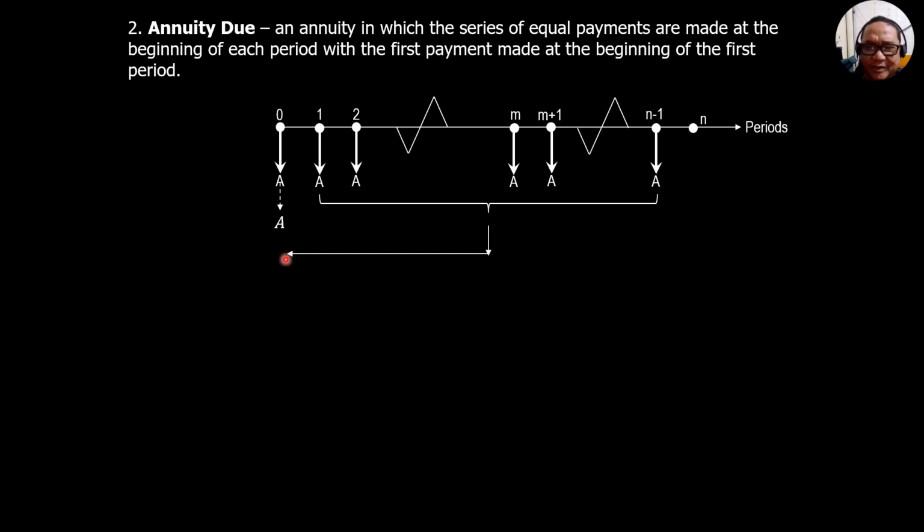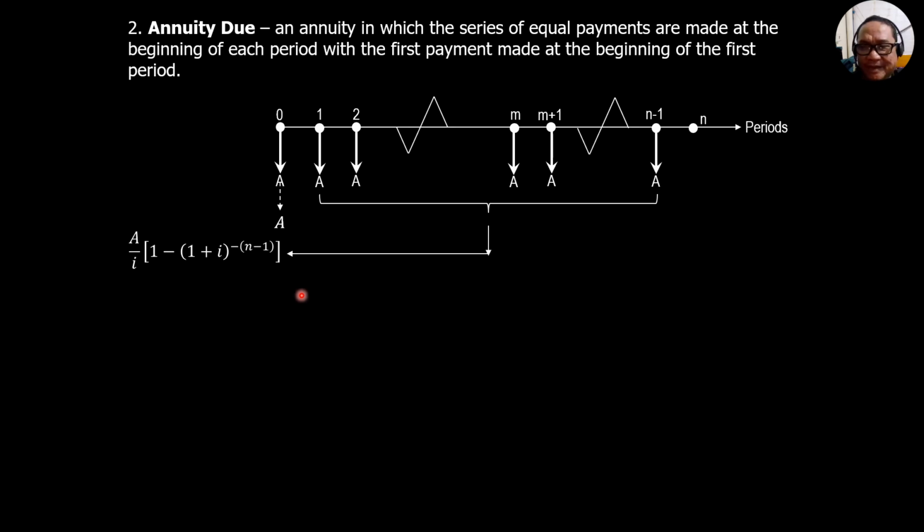So the present value, we apply the formula A over i, quantity 1 minus quantity 1 plus i to the negative n supposedly, but this time because there are n minus 1 payments only from 1 to n minus 1, so we replace n by n minus 1. So the power would be negative of quantity n minus 1. So A over i, quantity 1 minus 1 plus i to the negative of n minus 1.